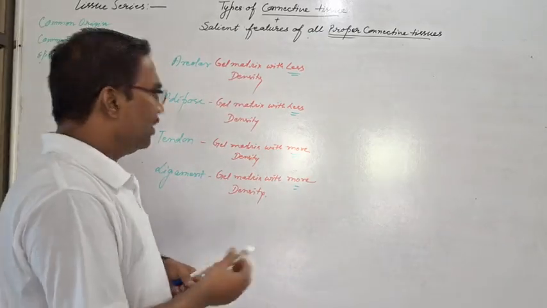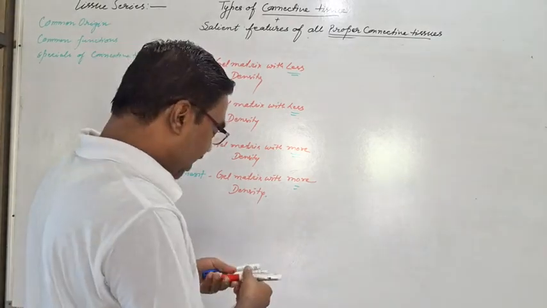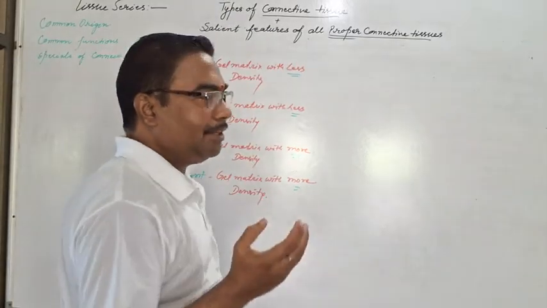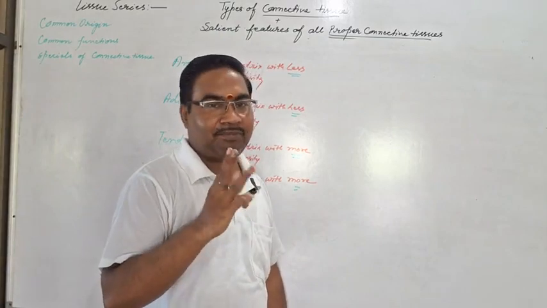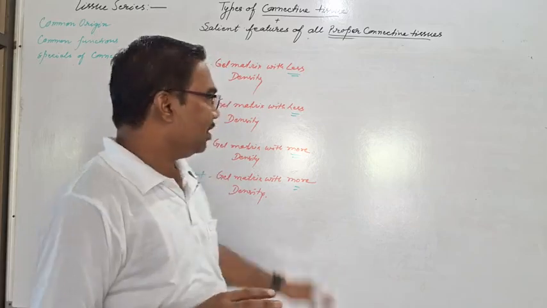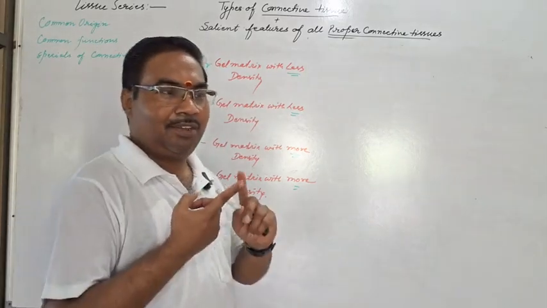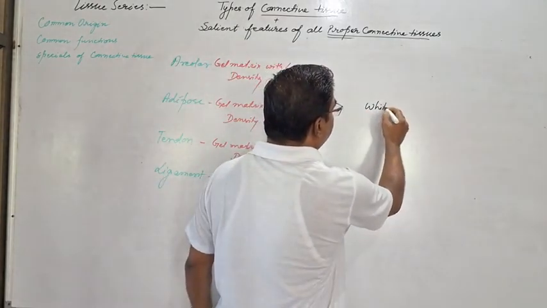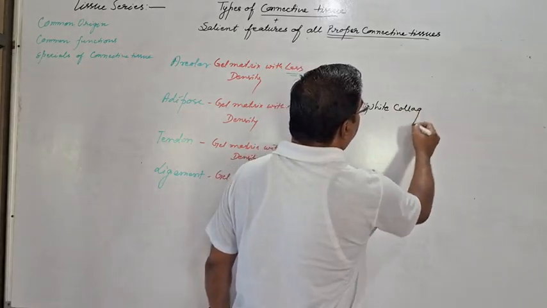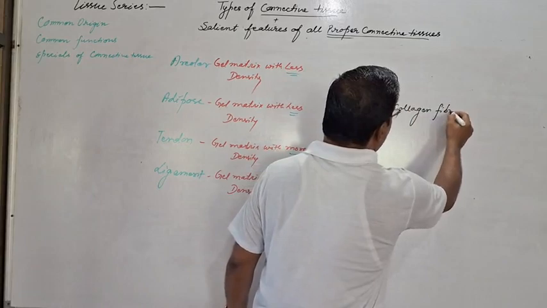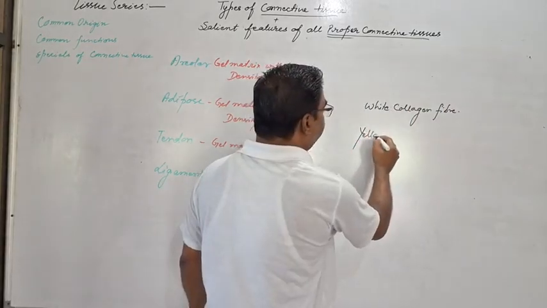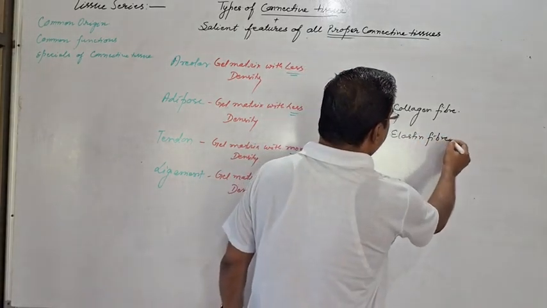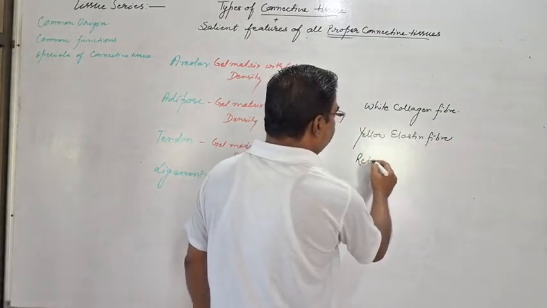The second ground to differentiate all this is the type of fibers present. You must remember three types of fibers are found in all these tissues: white collagen fiber, yellow elastin fiber, and reticulate fiber.